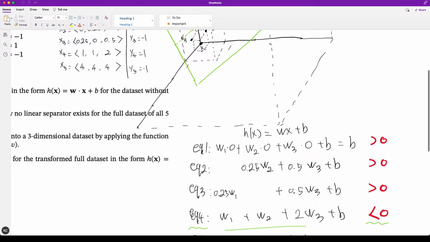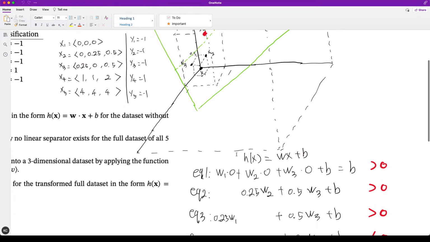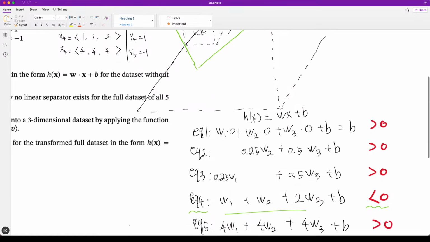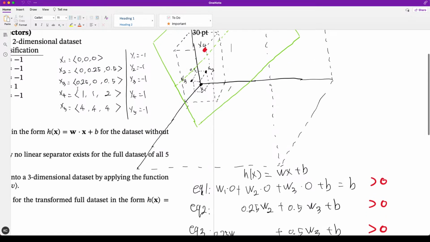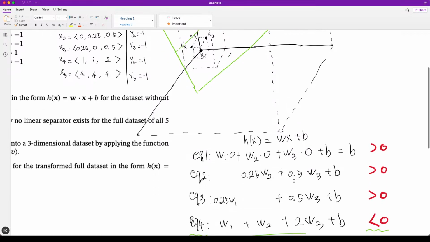If we put the points from x1 to x5 into this equation, h of x equals w1 times x1 plus w2 times x2 plus w3 times x3 plus bias. Here x1, x2, x3 mean each component of the 3-dimensional vector x, not the separate individual samples. Did you get the point?